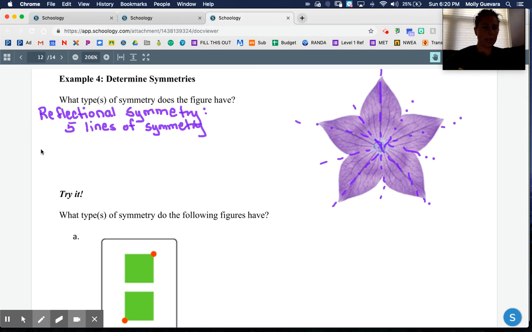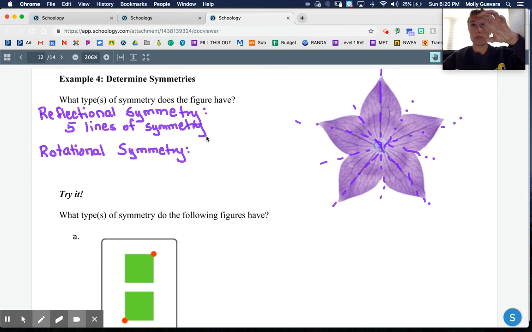The next one is, does it have rotational symmetry? And so the question we have to ask ourselves there is, can I rotate it onto itself in less than 360 degrees? And the answer is yes, right? Every time I move it here, that's 1.